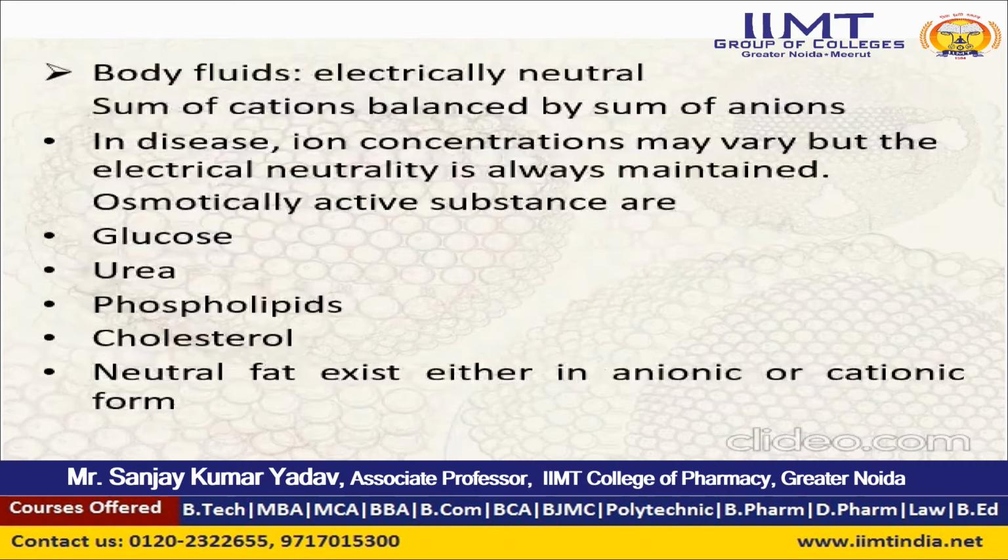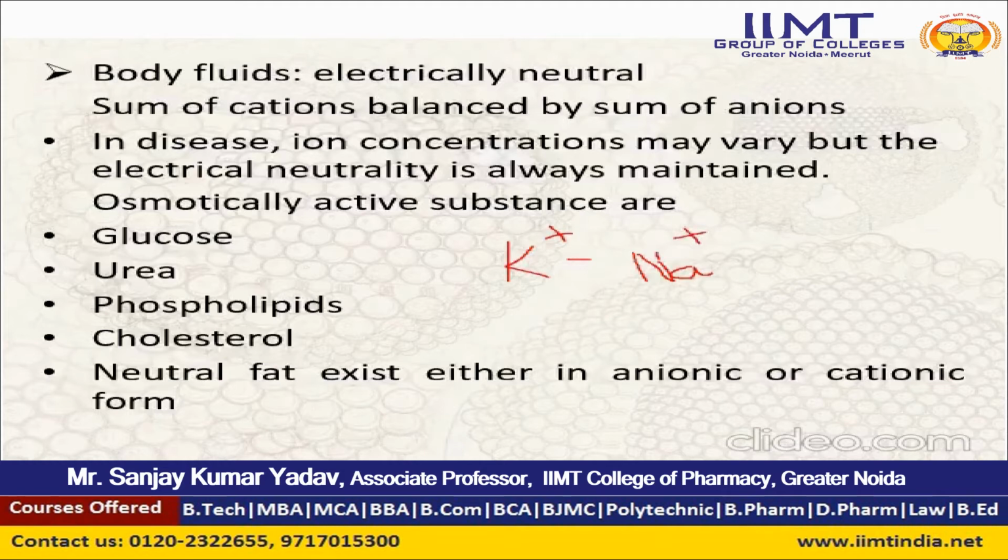In body fluid, which is electrically neutral, some of the cations are balanced by some of the anions, like potassium ion and sodium ion. We can simply understand this with the ions, where potassium as well as sodium are same-charge particles.